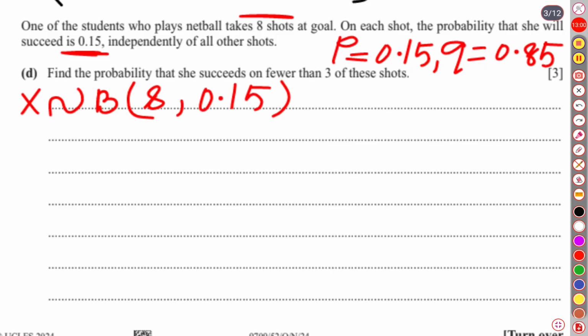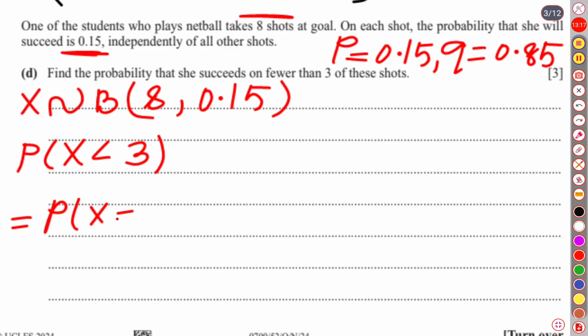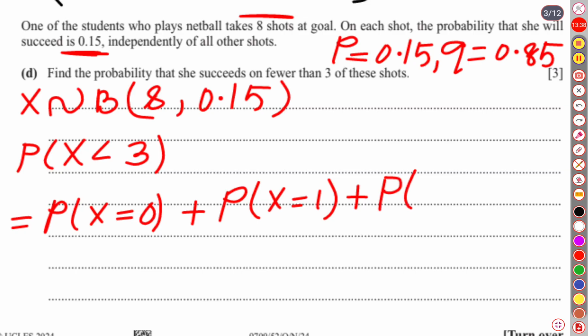Well, now we are going to find fewer than 3 of these shots. Now we are going to find the probability of x less than 3. So x less than 3 means he might have succeeded when there was no success, or he might have succeeded when x was 1, or he might have succeeded 2 times.